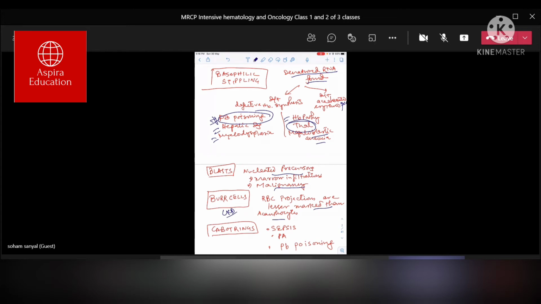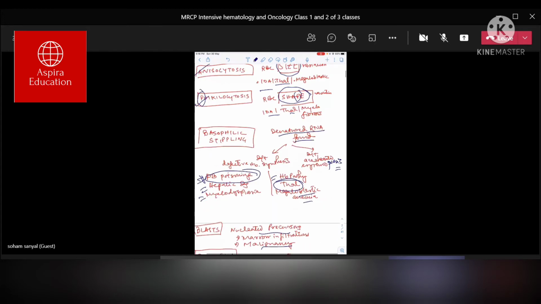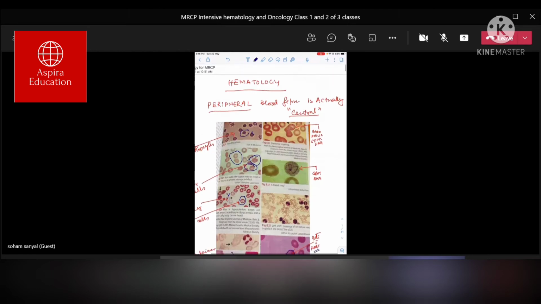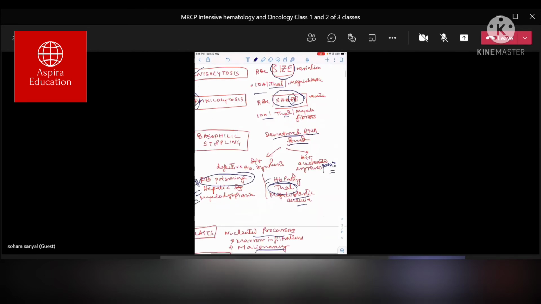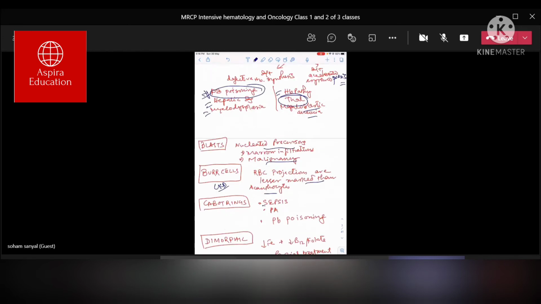Now moving up, what is a Cabot ring? You have just seen the Cabot ring over here. Basically it's a ring formation by hemosiderin, which is found in sepsis, in pernicious anemia, and it can also be found in lead poisoning.